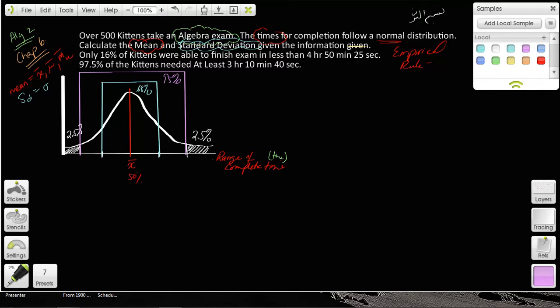To understand the information given, you really have to master this graph, the normal distribution. This is the mean, this is one standard deviation, and this is another standard deviation from here to here.